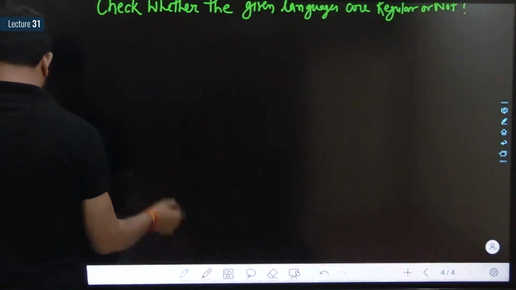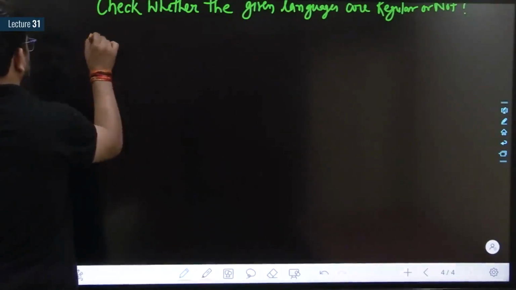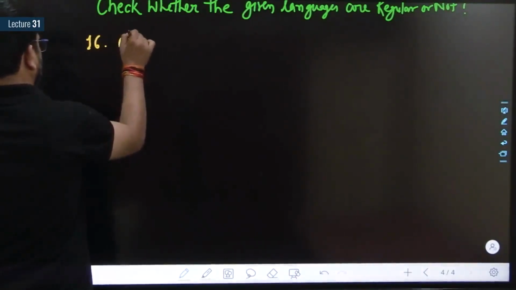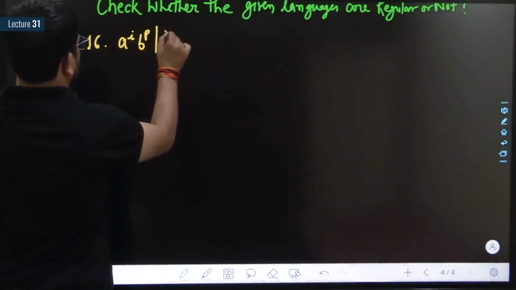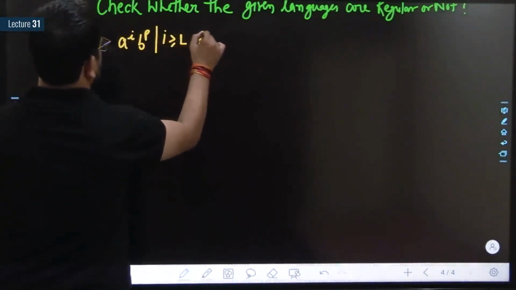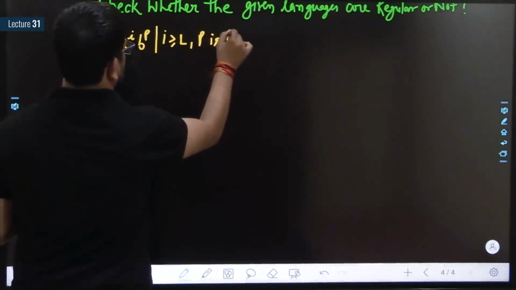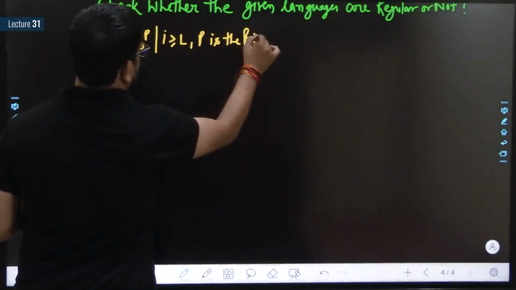Next, a^i b^p, where i is greater than or equal to 1 and p is a prime number.